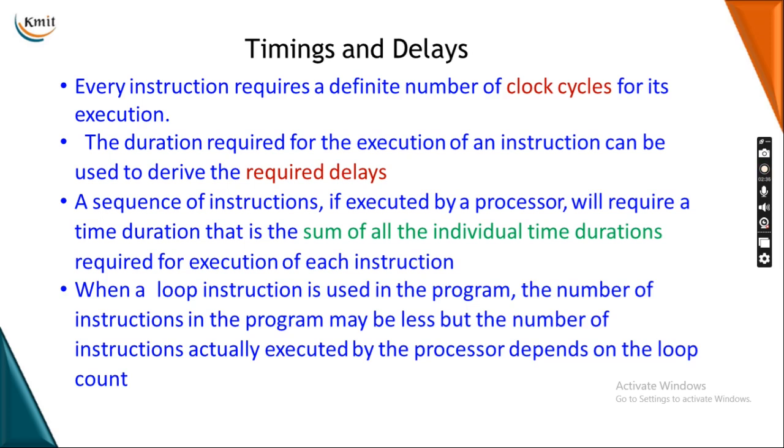So if you have a sequence of instructions being executed by a processor, the total time duration taken by the corresponding program is nothing but the sum of all the individual time durations required for execution of each instruction.